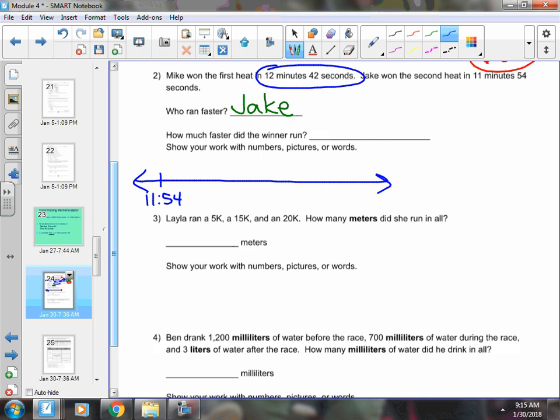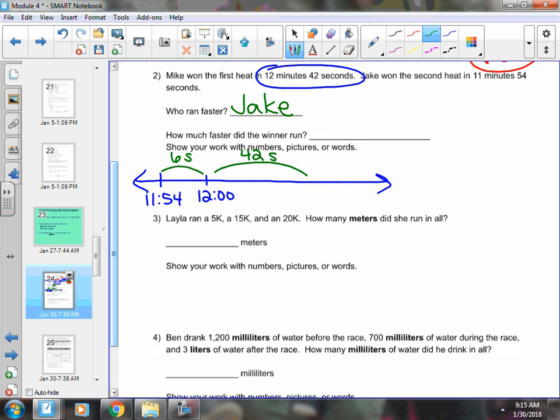So I'm going to jump 6 seconds to start with. And the reason I'm going to jump 6 seconds is that puts me right at 12 minutes. 11:54 plus 6 seconds puts me at 11:60, or 12 minutes. And then I'm just going to jump another 42 seconds.